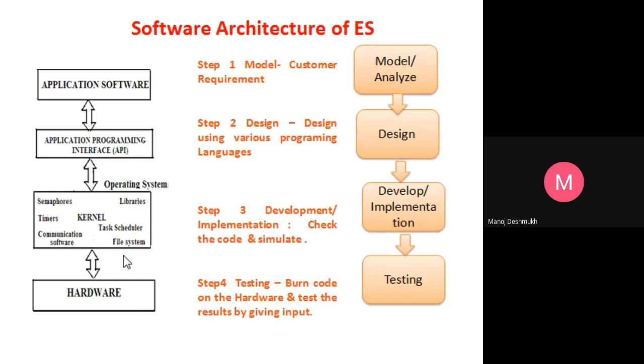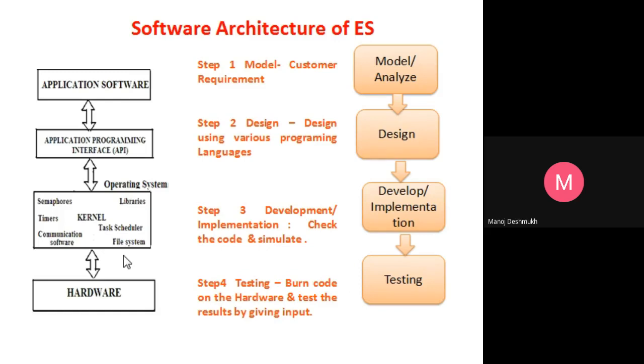So these are the some stages or steps used while developing an embedded system. So here customer requirement is a major issue. So initially, before starting to develop an embedded system, we have to take care of all the requirements given by or requested by a customer. So to fulfill the requirements of a customer, it is necessary first to analyze these requirements.